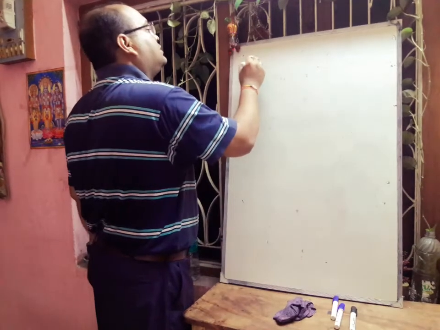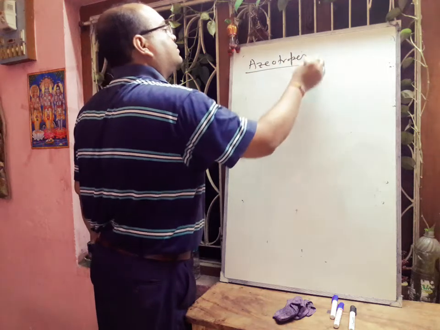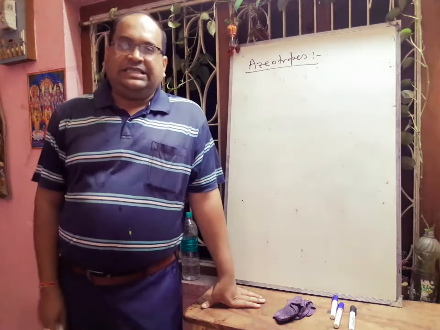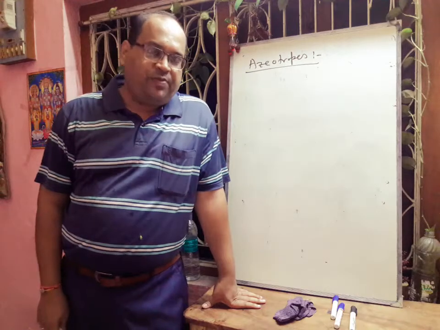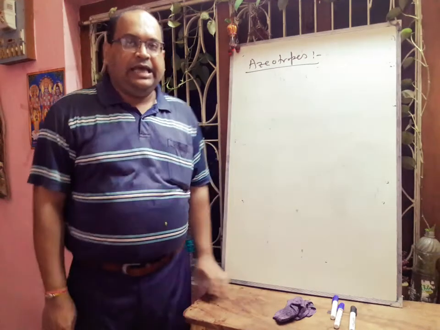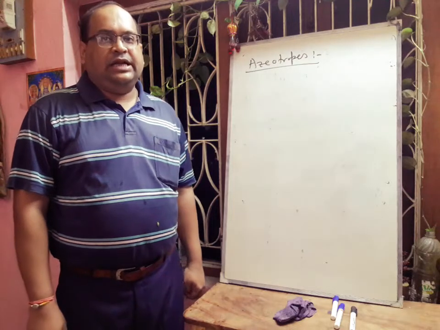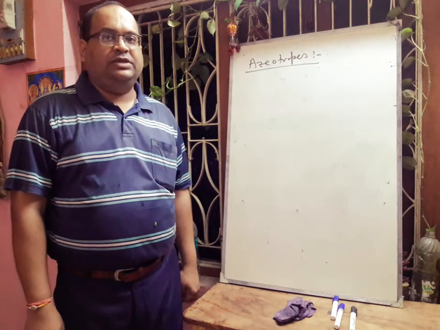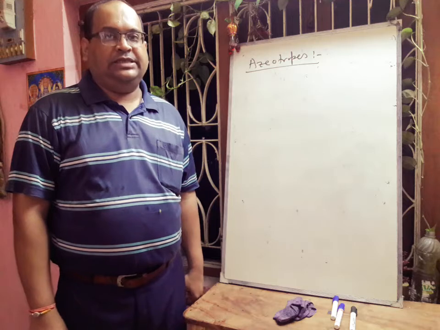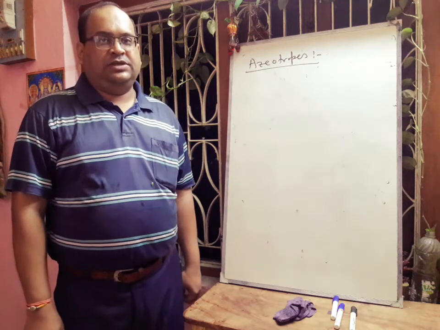Mixtures of liquids which boil at constant temperature like a pure liquid, such that the distillate has the same composition as the liquid mixture, are called constant boiling mixtures or azeotropic mixtures or simply azeotropes.